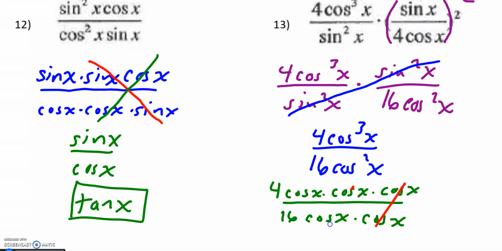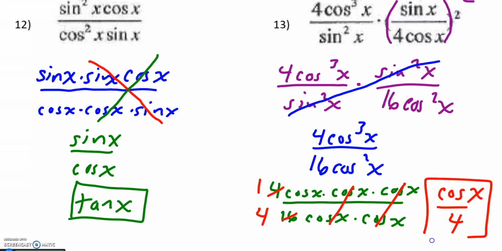So 2 pairs of them cross out. And I can also reduce the 4/16 to be 1/4. So my final answer would be 1 cosine x on the top and a 4 in the denominator. So my answer is cosine of x over 4.